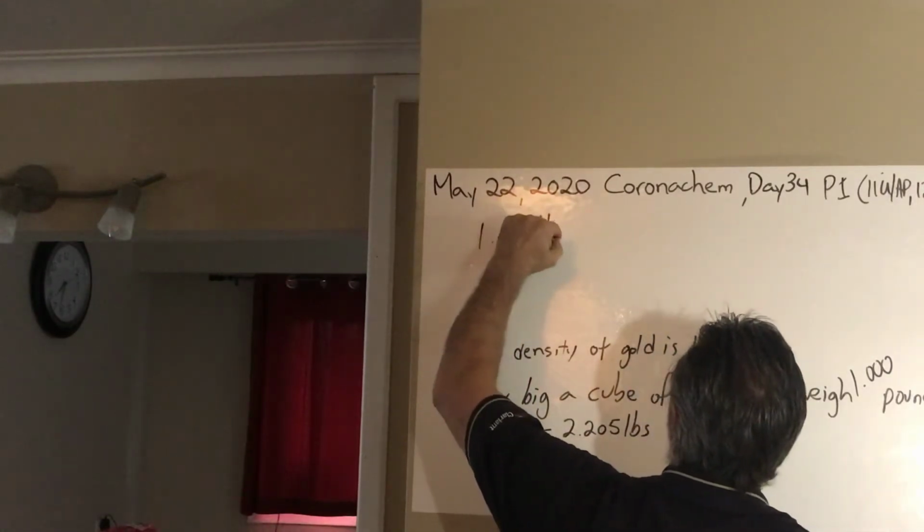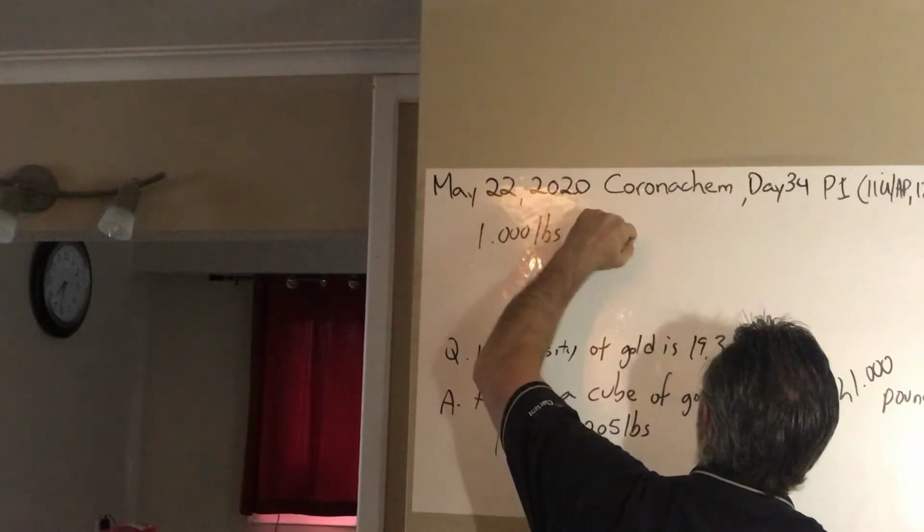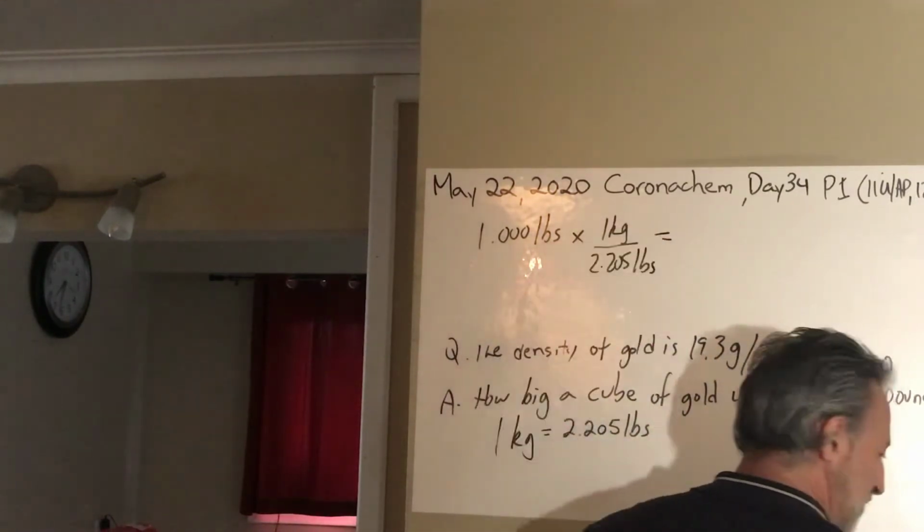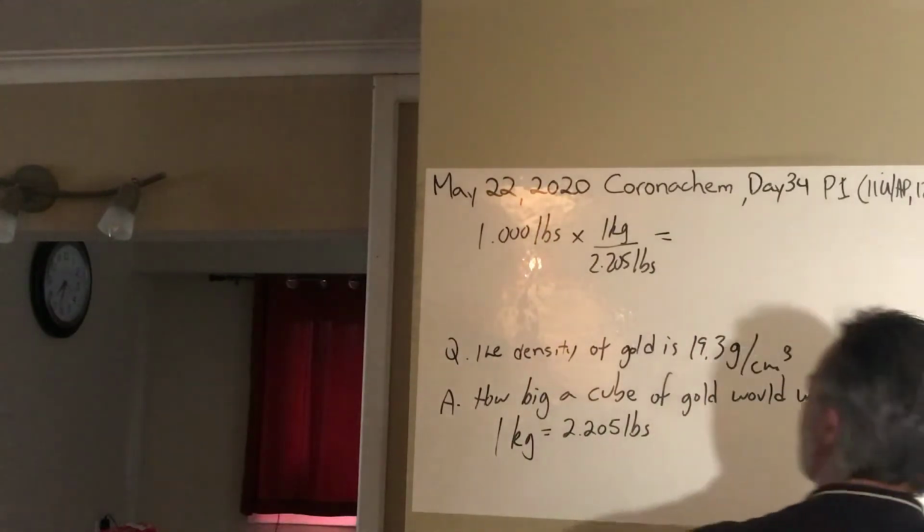1.000 pounds times 1 kilogram per 2.205 pounds gives you, notice I put pounds on the bottom. Why?